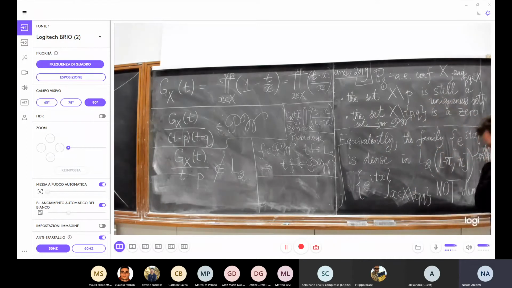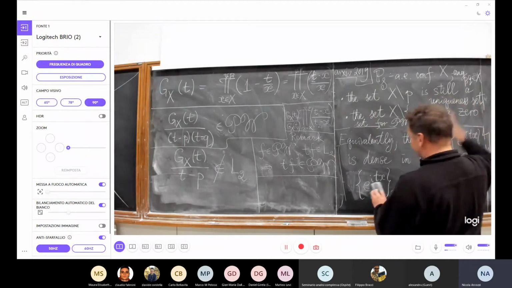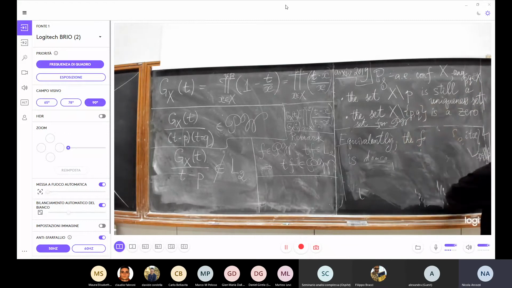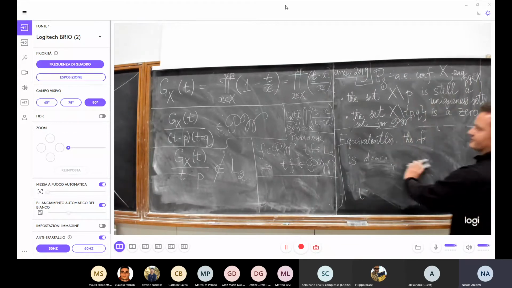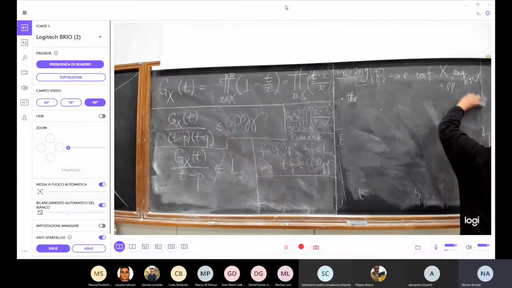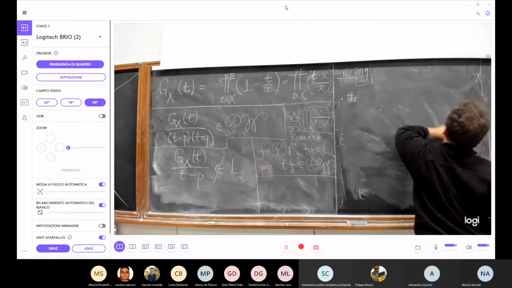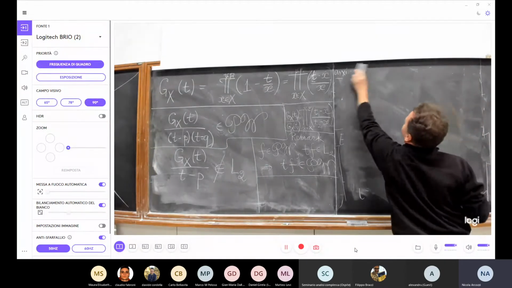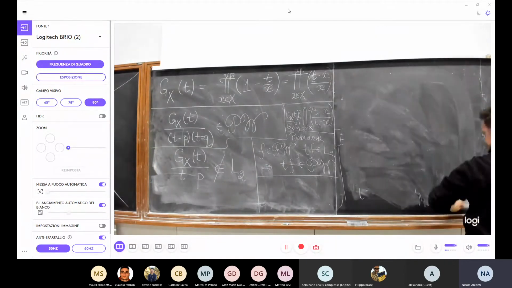Okay, so then I pass to discussion of proofs. Let me first explain this part, which is both simpler and more general. So let me start with the outline of the argument.